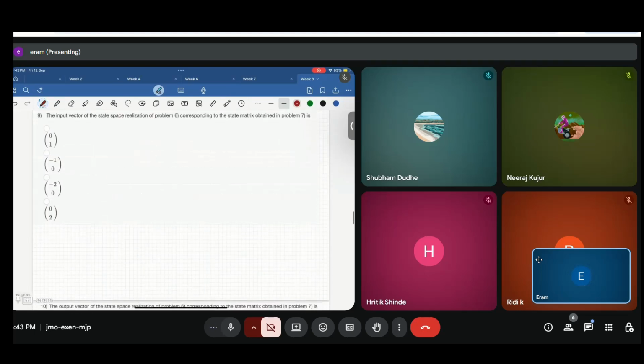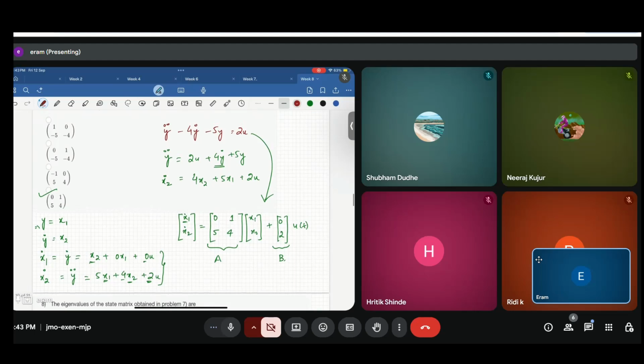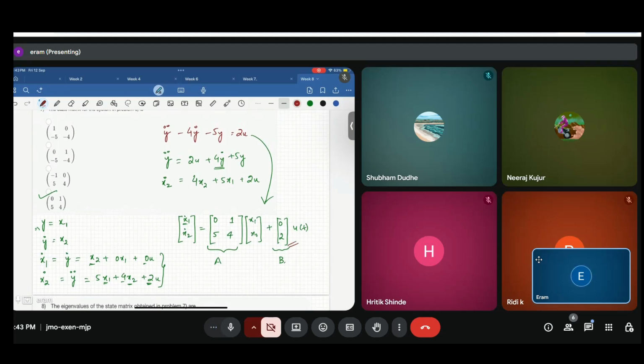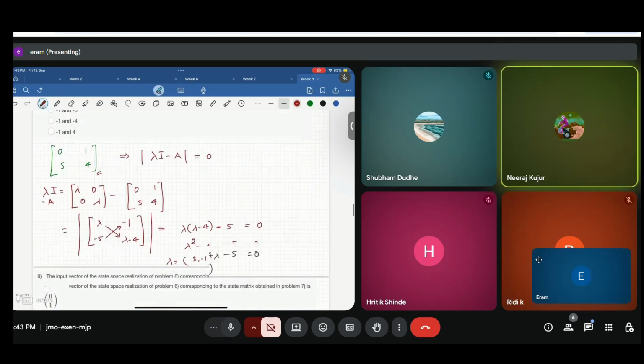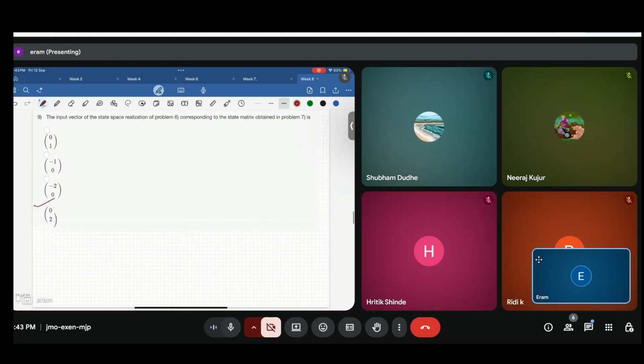Okay. What is the input vector of the state space realization of the problem corresponding to the state matrix obtained? We have already calculated it. This is our input vector, right? Yes, ma'am. No? This is the last option.